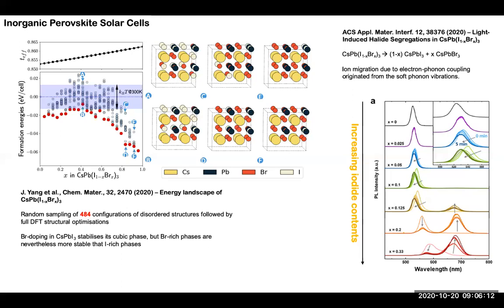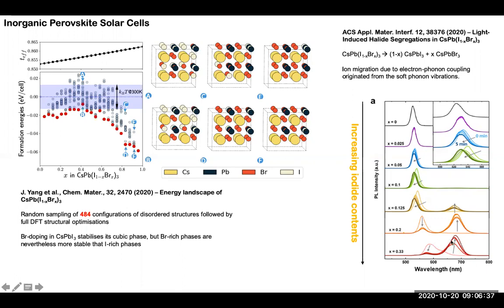However, if you just do a DFT calculation at 0 Kelvin, it only tells you the static stability of the material. And what happens is that if you shine light on this material, the different halides will segregate, especially when you have more iodide in the sample.